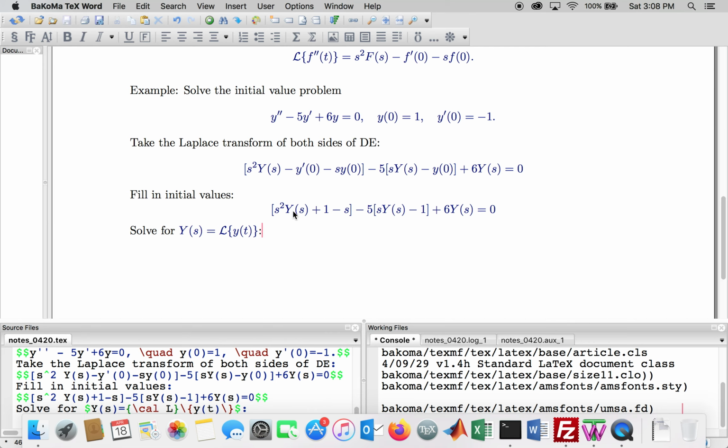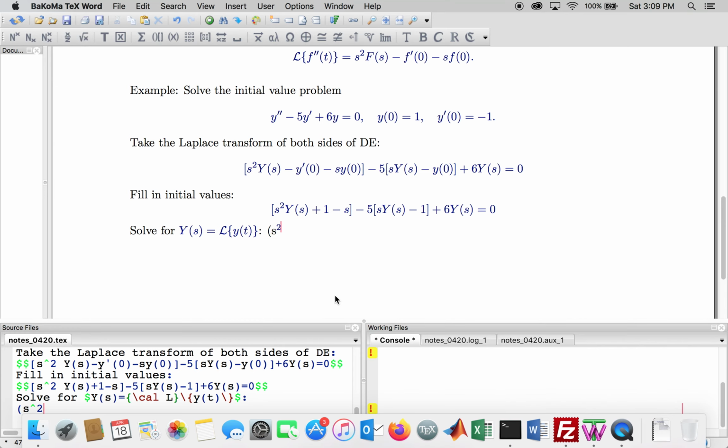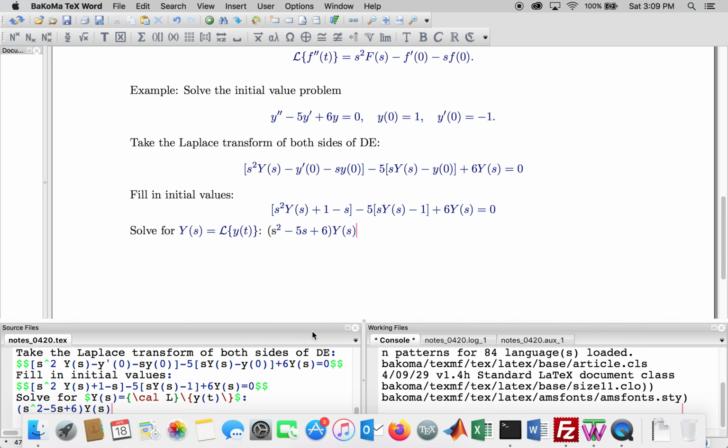Any term involving capital Y of s, we need to group all of those terms together. So I have s squared Y of s, and then minus 5, or 5s Y of s, and then 6 Y of s. So I'm going to get s squared minus 5s plus 6, all times Y of s.